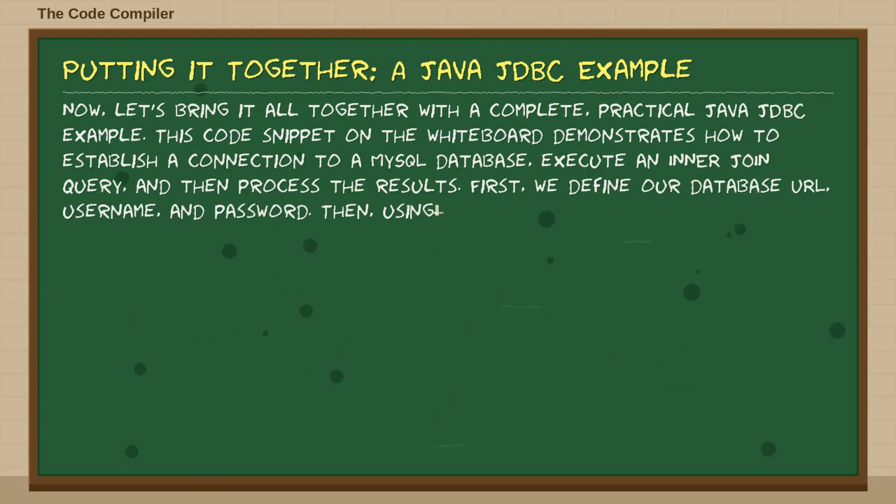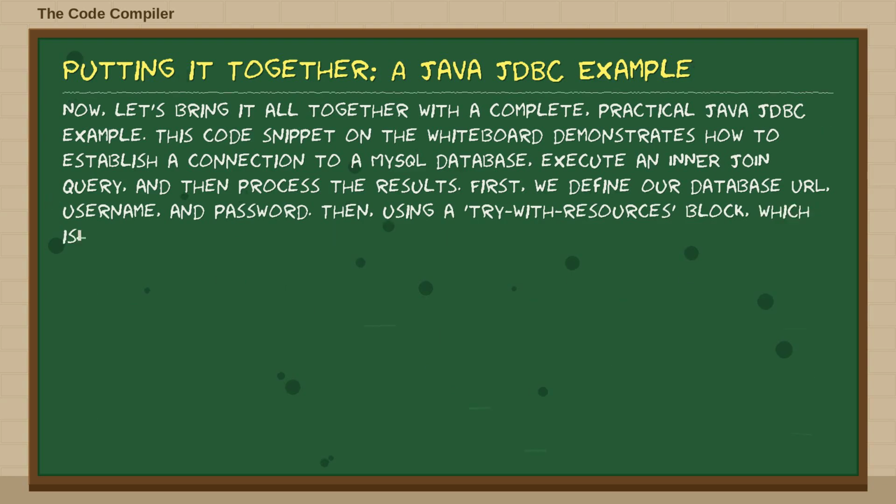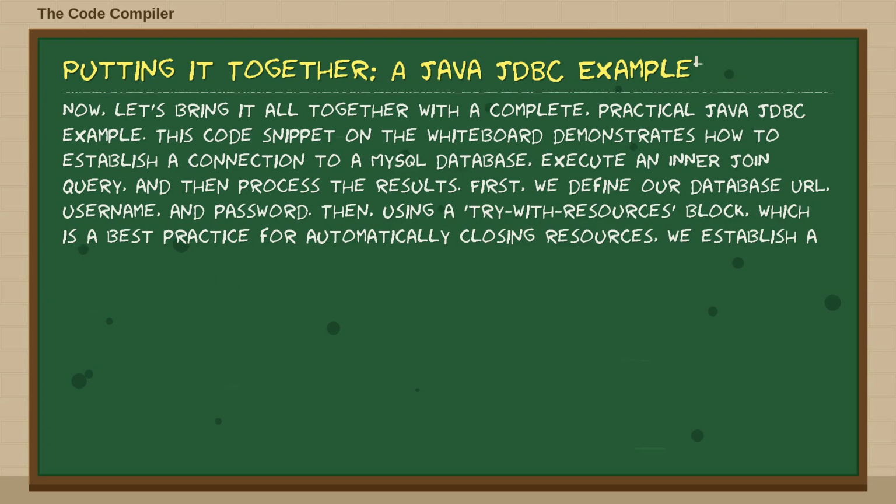First, we define our database URL, username, and password. Then, using a try with resources block, which is a best practice for automatically closing resources, we establish a connection, create a statement, and execute our SQL query. The result set then holds our combined data.